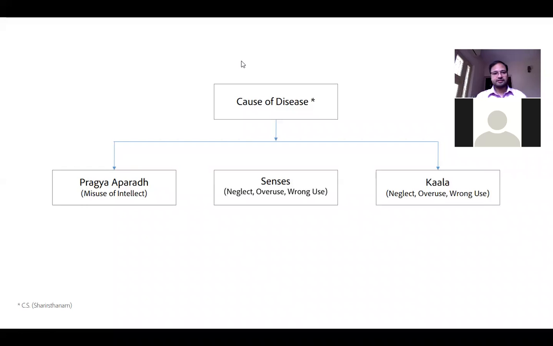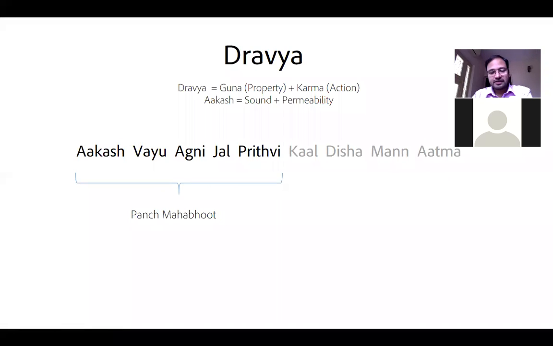Moving ahead of this, we come down to the basic, the core aspects of Ayurveda here, and we talk about the Dravyas. Now, Dravyas are of 9 kind over here, starting from Akash, Vayu, Agni, Jal, Prithvi, Kala, Disha, Man, Atma, right? And what we call as Panch Mahabhuta are the first 5 elements which are also physical in nature.